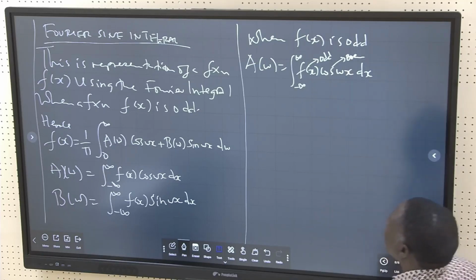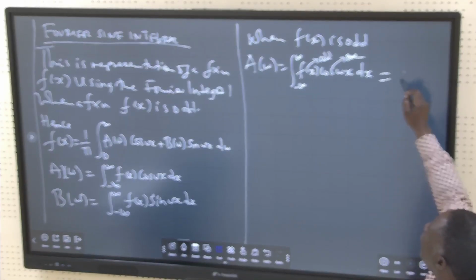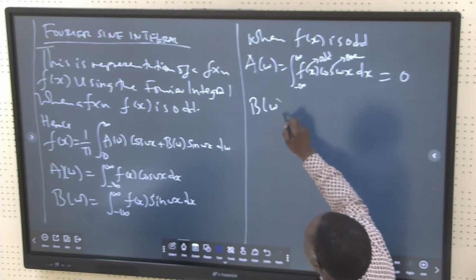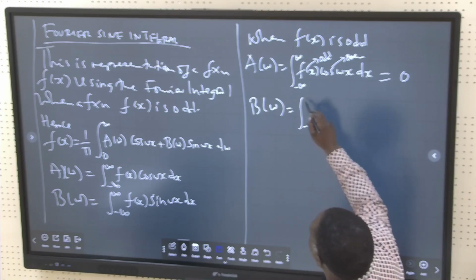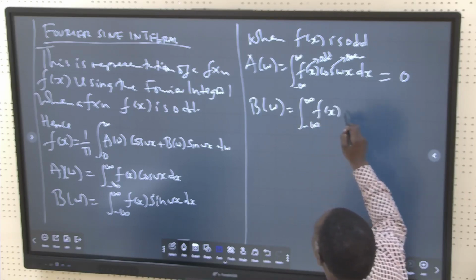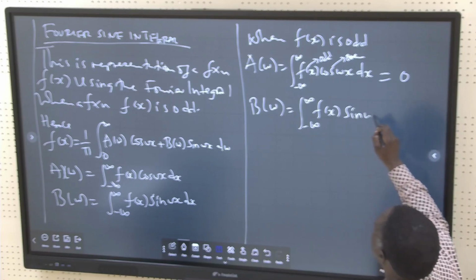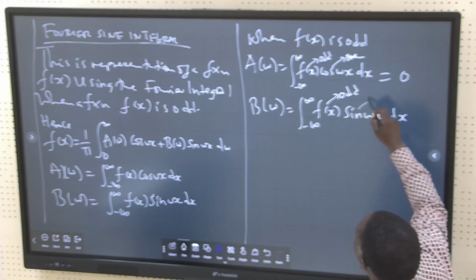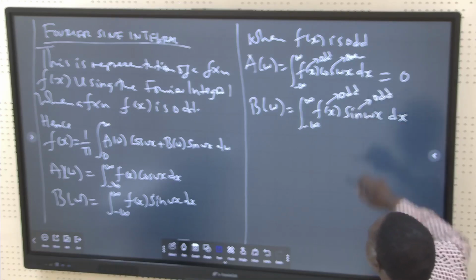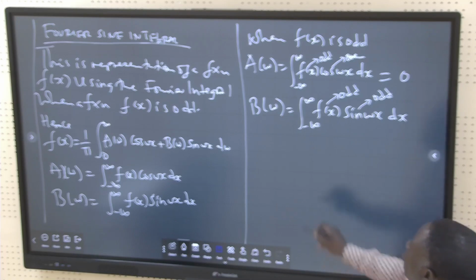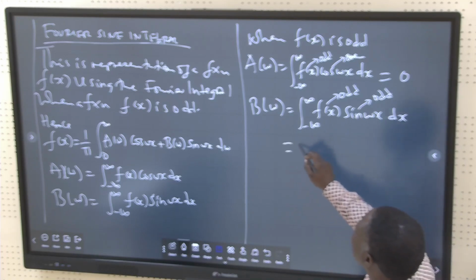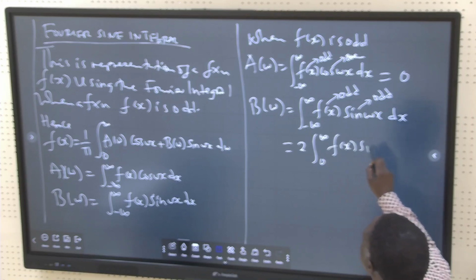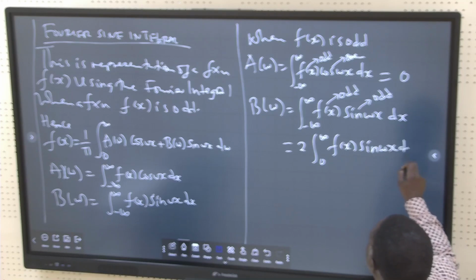Odd times even is odd, so a omega will be equal to 0. What about b omega? b omega equals the integral from negative infinity to positive infinity of f of x sine omega x with respect to x. Here f of x is odd, and sine is always odd. Odd times odd is even. So b omega will be twice the integral from 0 to infinity of f of x sine omega x with respect to x.